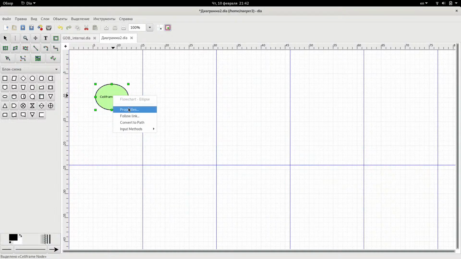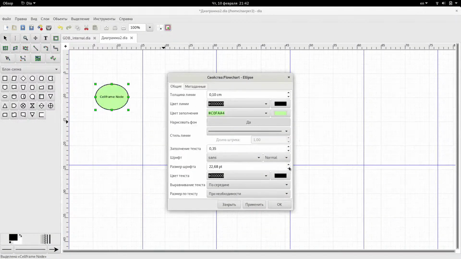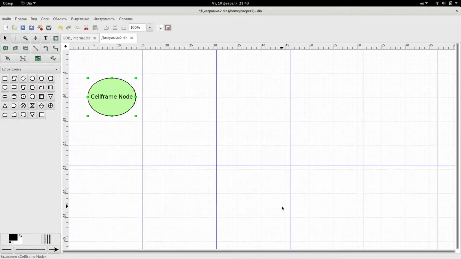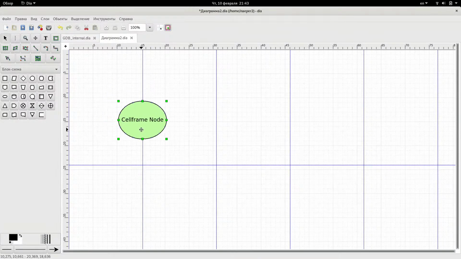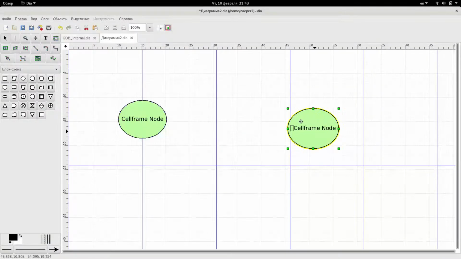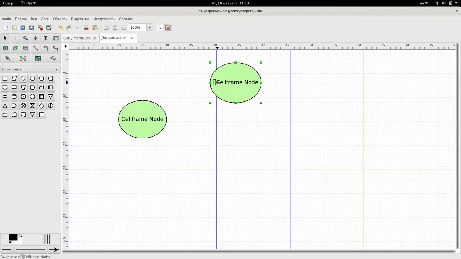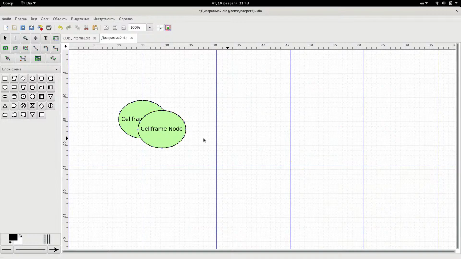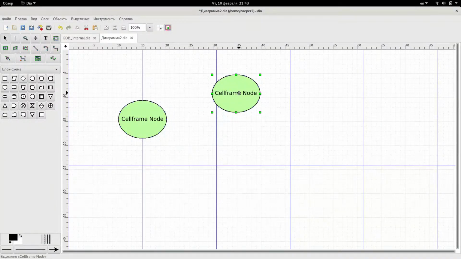So on we have this color. I think we need a bigger font. Yes, much better. So it will simply be a diagram. It's just some drawings around the node itself, how they sync it together.